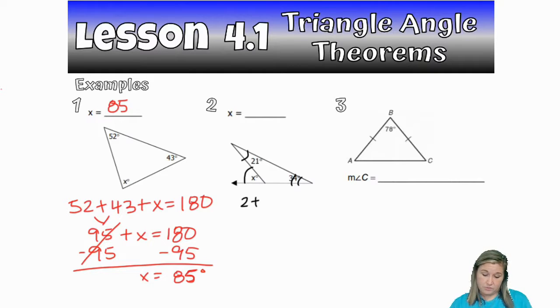So I have 21 plus 34 is going to be equal to x, and that's what I'm trying to find. I add those two together, and I get 55 is equal to x. So I can find the exterior angle by adding the two opposite interior angles.